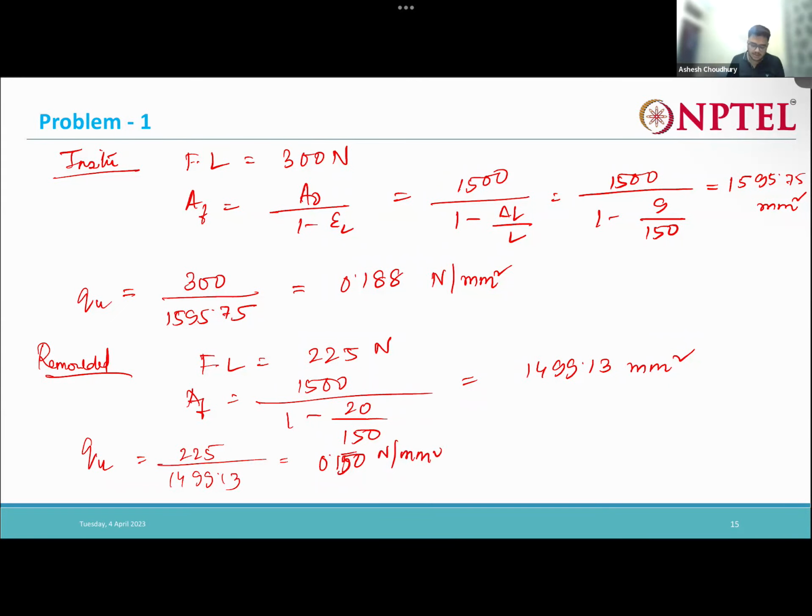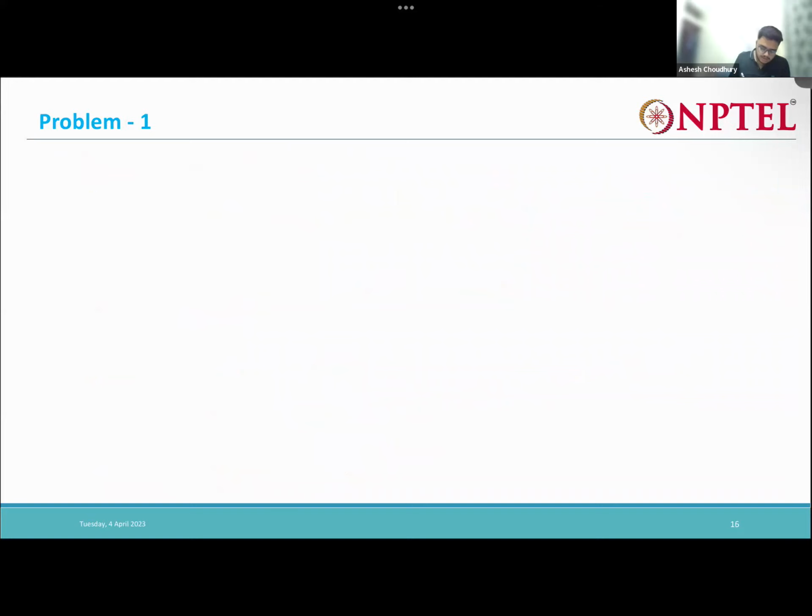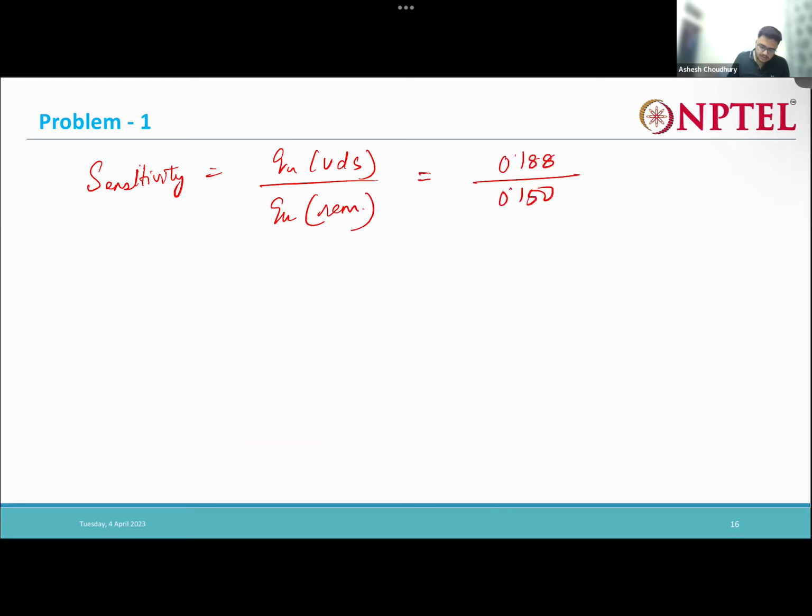That's the system. So what is my sensitivity? QU undisturbed by QU remolded, right? So undisturbed is 0.188, 1.25.